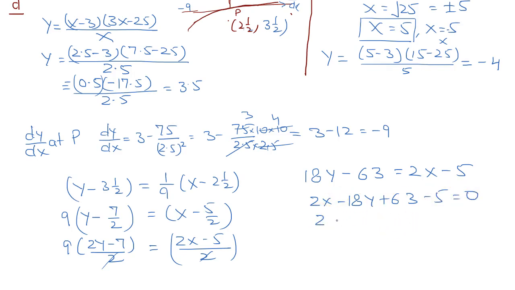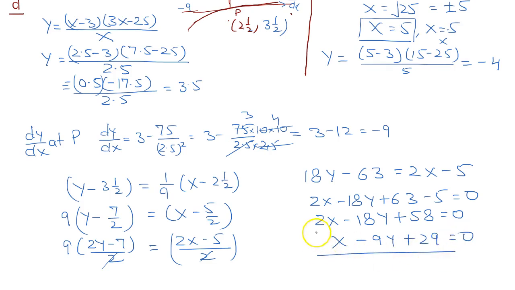So this is 2x minus 18y plus 58 is equal to 0. So we can write x minus 9y plus 29 is equal to 0. So this is the equation of the normal at P.